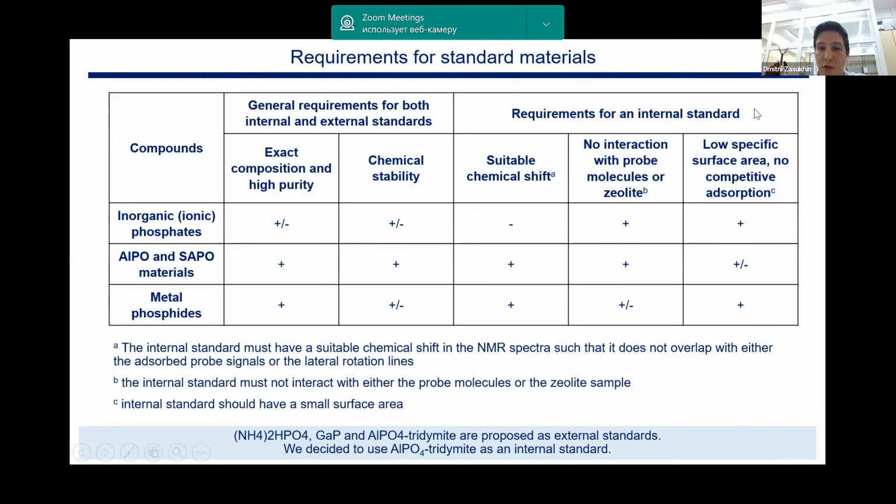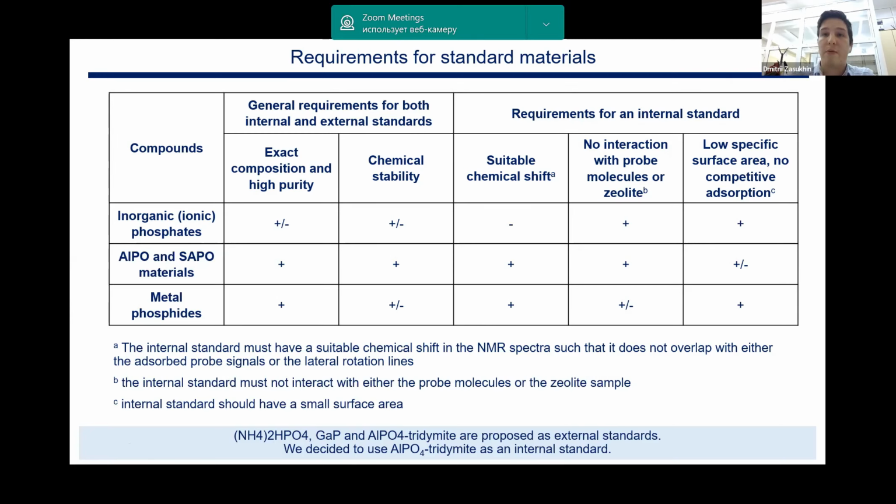First, a suitable chemical shift. Second, inertness with respect to probe molecules and zeolite. And finally, a small specific surface area. Among the different external and internal standards investigated in our work, ammonium hydrophosphate, gallium phosphate, and aluminum phosphate with tridymite structure are proposed as external standards.